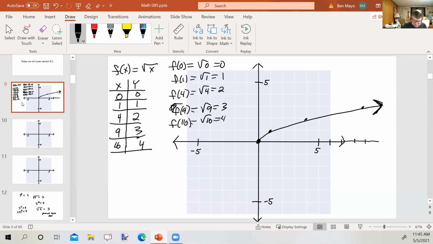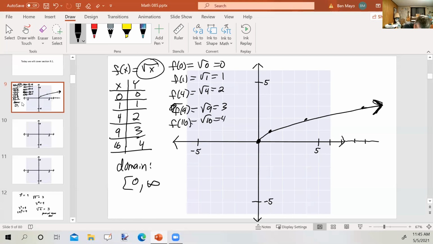Why is that? Well, if we pick an x value less than 0 and take the square root of it, we don't get a real answer. So the domain has to start at 0. Now, x can get larger and larger positive, which is why there's an arrow to the right.